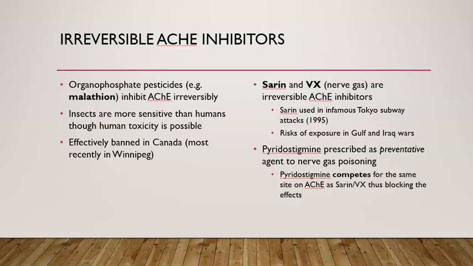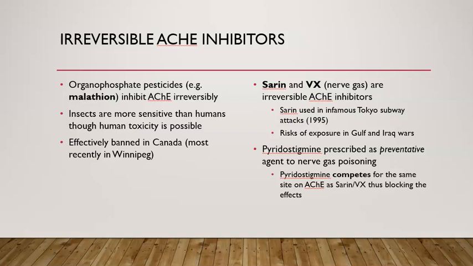So sarin was infamously used in the Tokyo subway attacks of '95. I'm sure most of you aren't old enough to remember that. And then there was risk of exposure to both sarin and VX in the Gulf and Iraq wars.